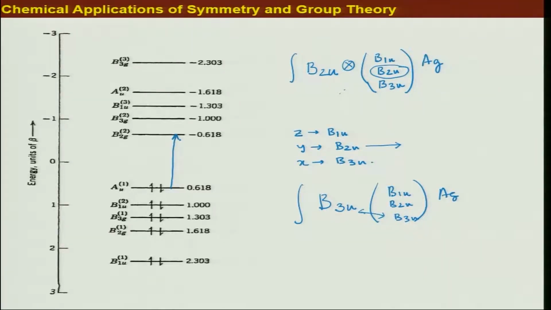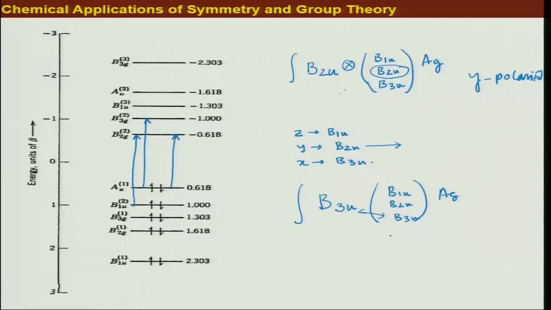The second transition refers to the electron making a transition from here to here, and the third transition refers to a transition from here to here. So the first one, we see that this is y polarized, while for this one I can see B3 transformed as X transformed as B3U.